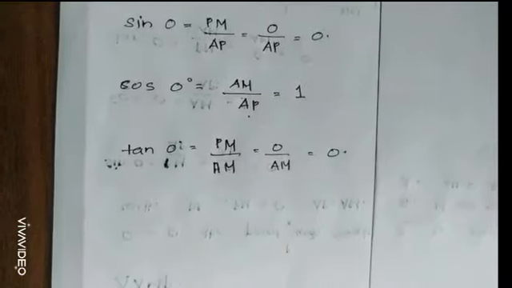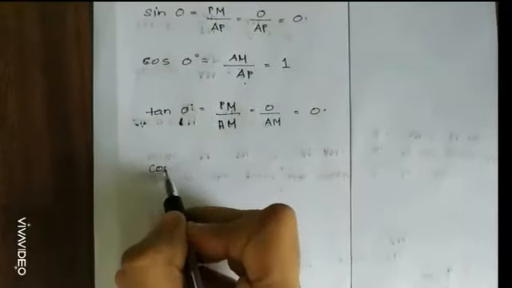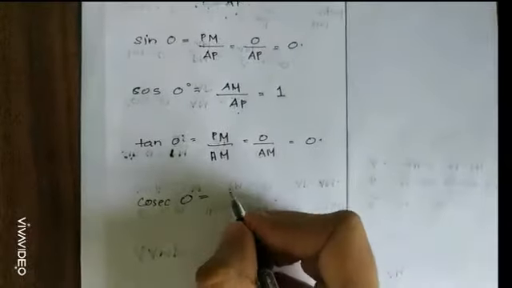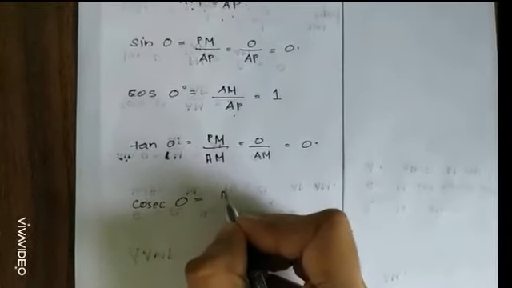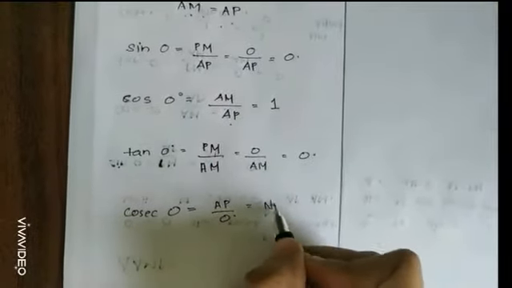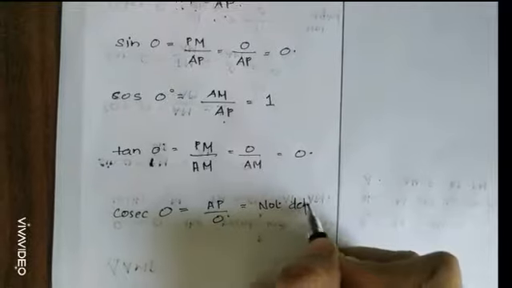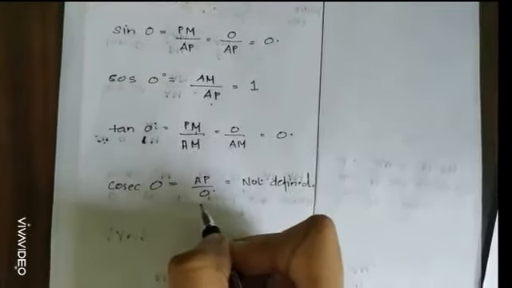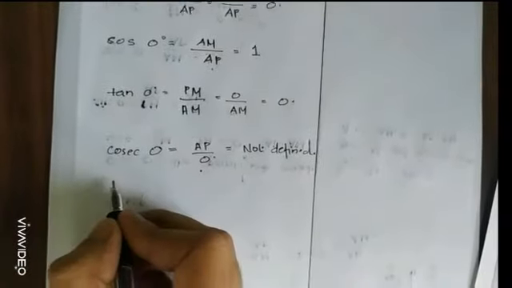Now the next 3, that is cosec, sec and cot, are the reciprocals of sine, cos and tan. Cosec 0 is equal to AP by 0, that is 1 by sine. This is equal to not defined, because when the denominator is equal to 0, the value obtained is not defined.